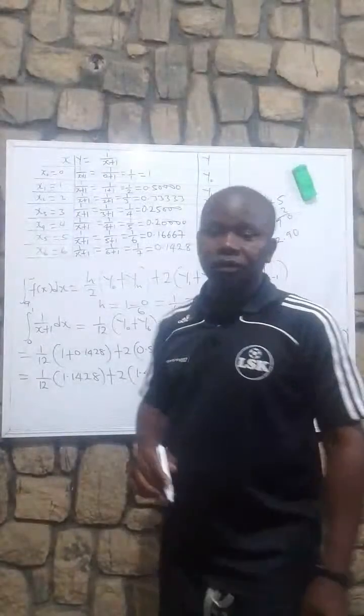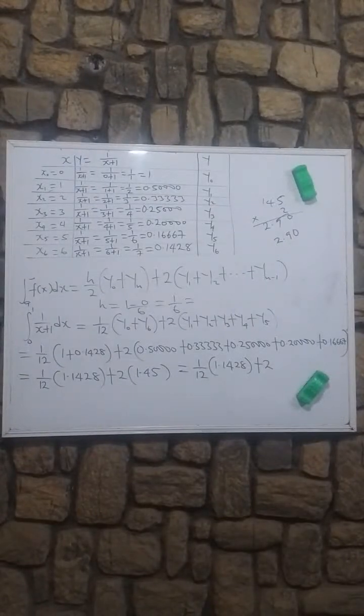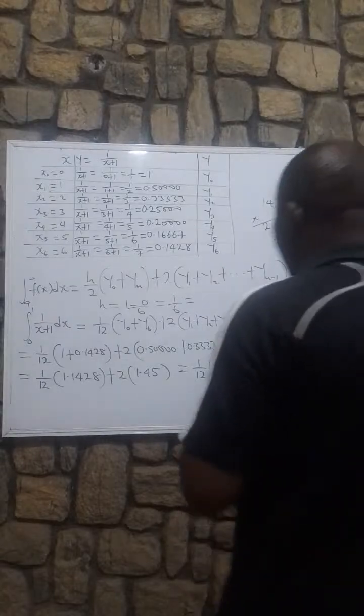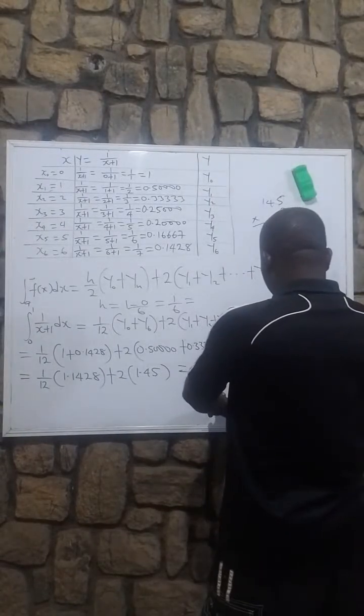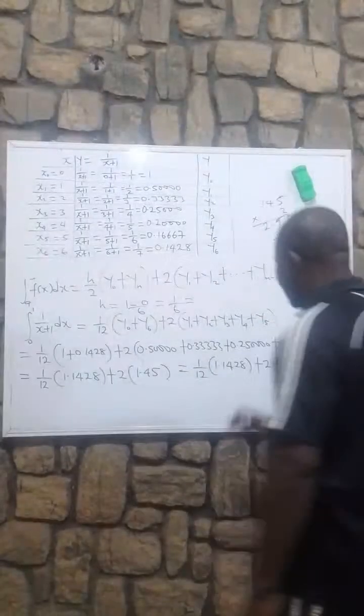You are supposed to have 2.90. Yeah, 2.90. So here is supposed to be 2.90.